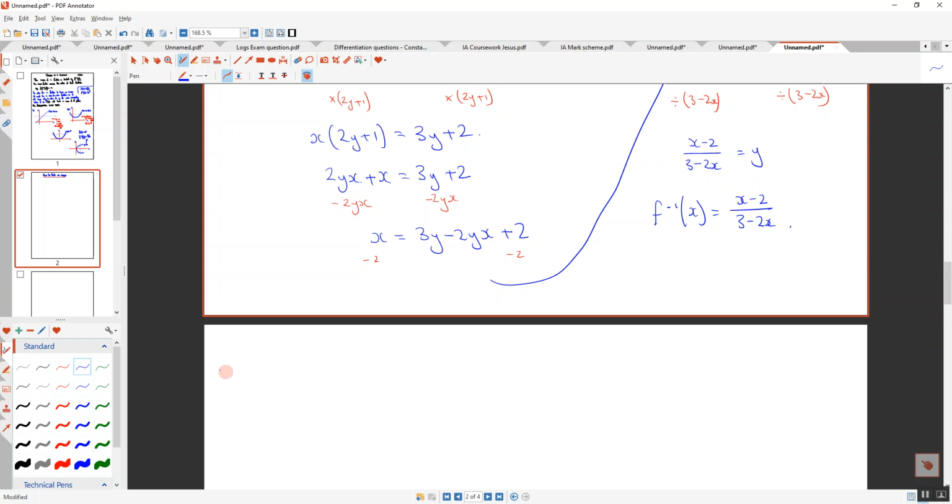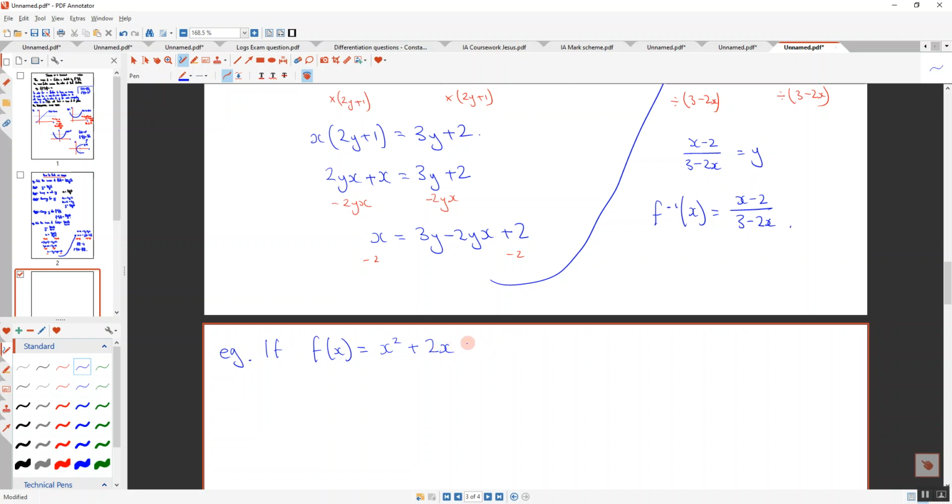Okay, so this is another type that is really common. So, let's say if f of x equals, let's say, x squared plus 2x, sorry, I'm just thinking to myself.